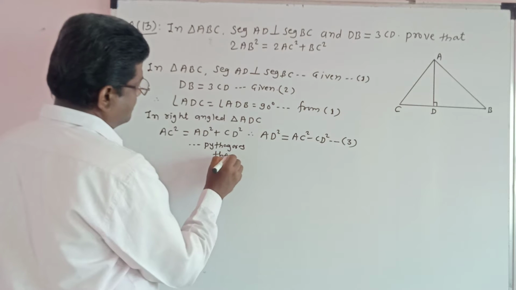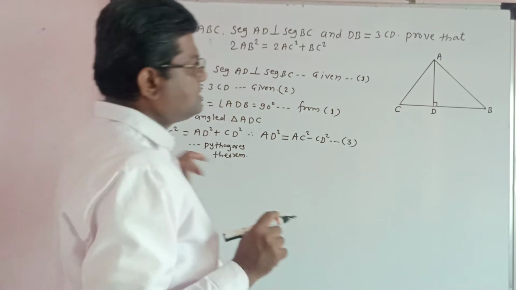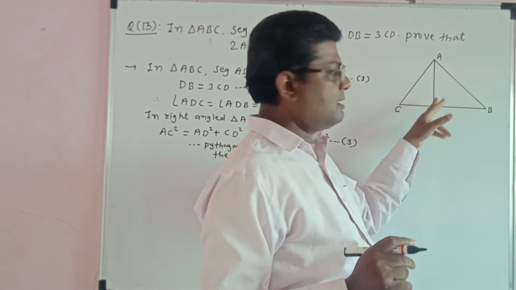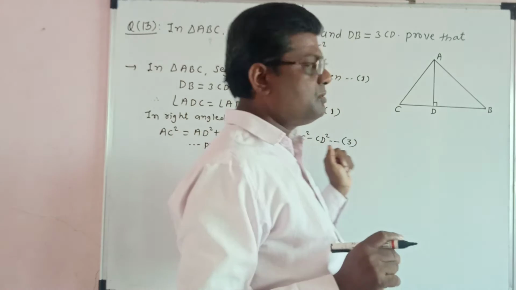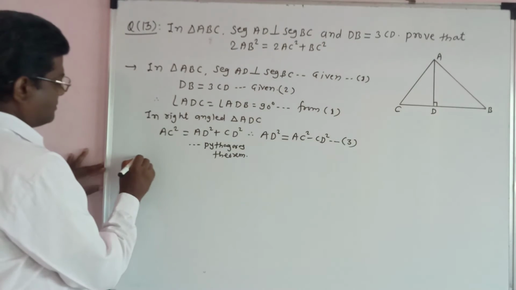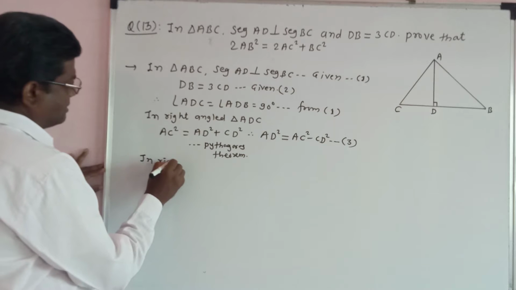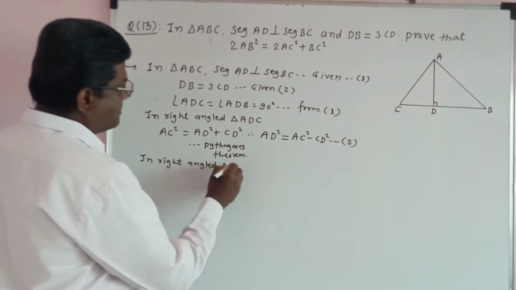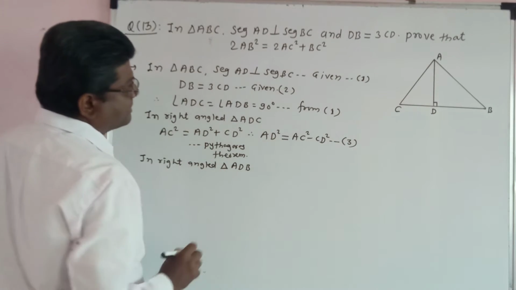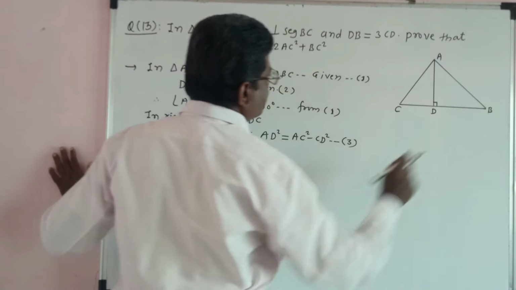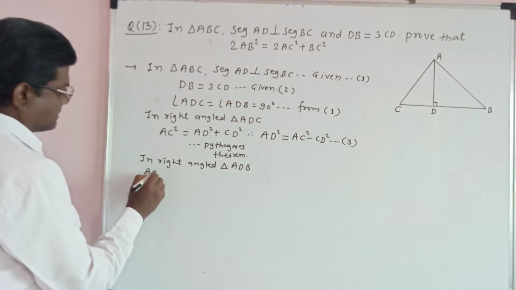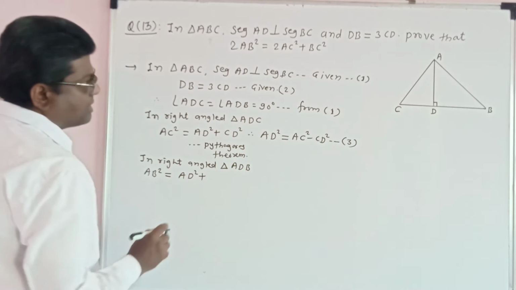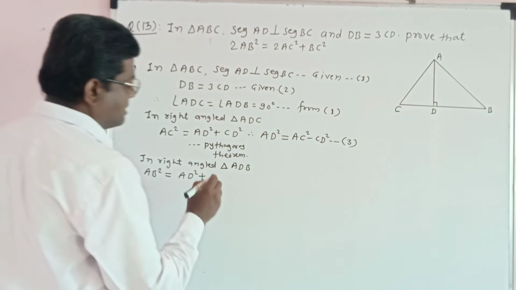Now consider triangle ADB. This angle is right angle, therefore here we also use Pythagoras theorem. So in right angled triangle ADB, this is hypotenuse, AB square is equal to AD square plus DB square.